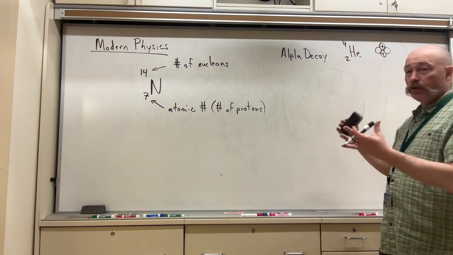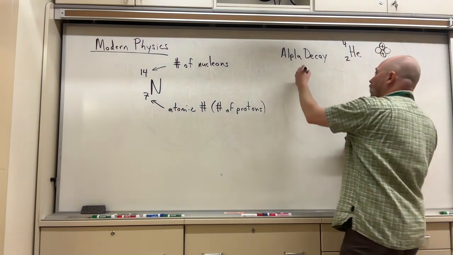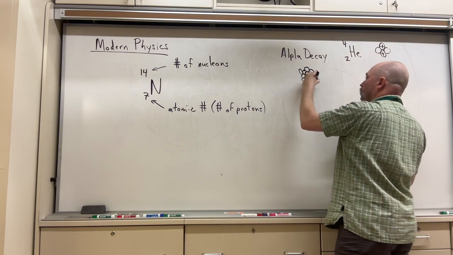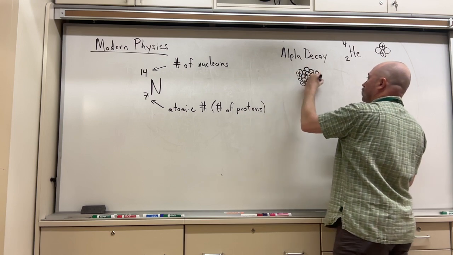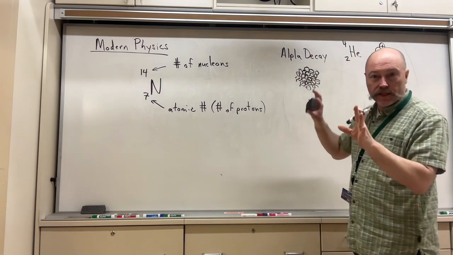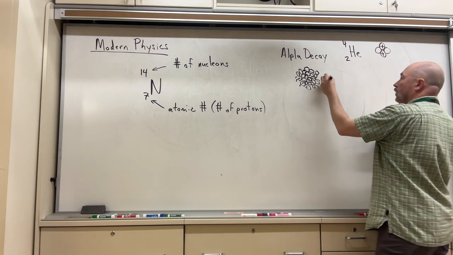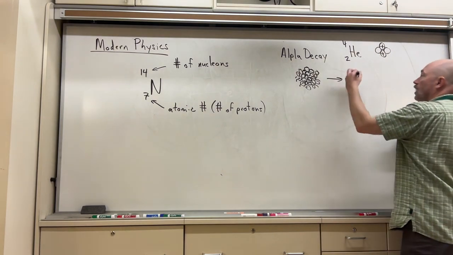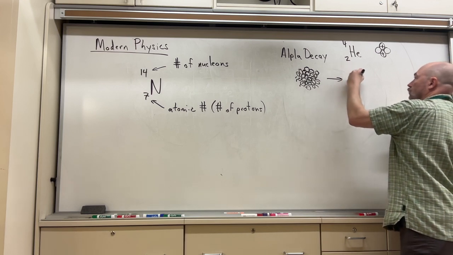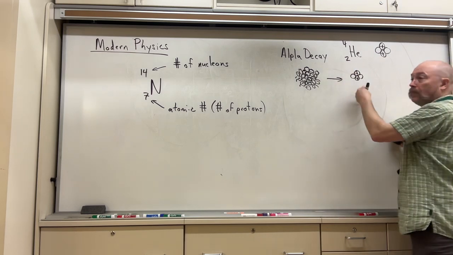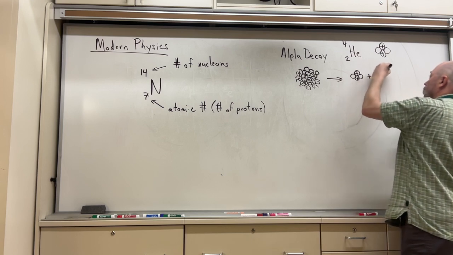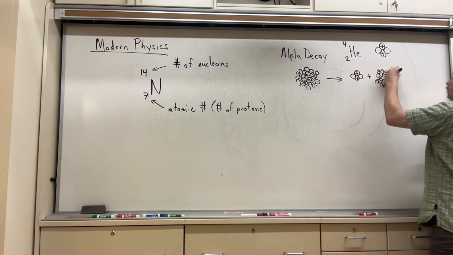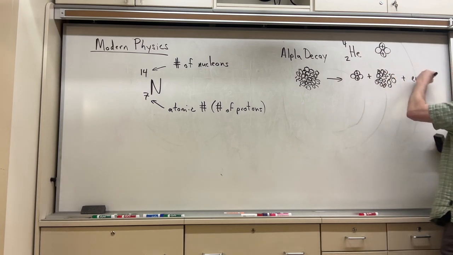If you have a really large nucleus, like if I have this really, really big nucleus, and if I kept on drawing more and more stuff here, you get the idea that if this is unstable, I would get this come out, plus whatever's left, plus some more energy.